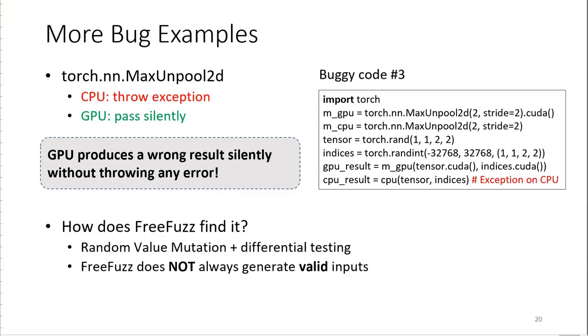FreeFuzz finds these bugs because it applies random value mutation and differential testing. Moreover, from this bug, we can see that FreeFuzz does not always generate valid test input, which can also help to detect certain interesting bugs. This bug has been confirmed by developers and even labeled with high priority.